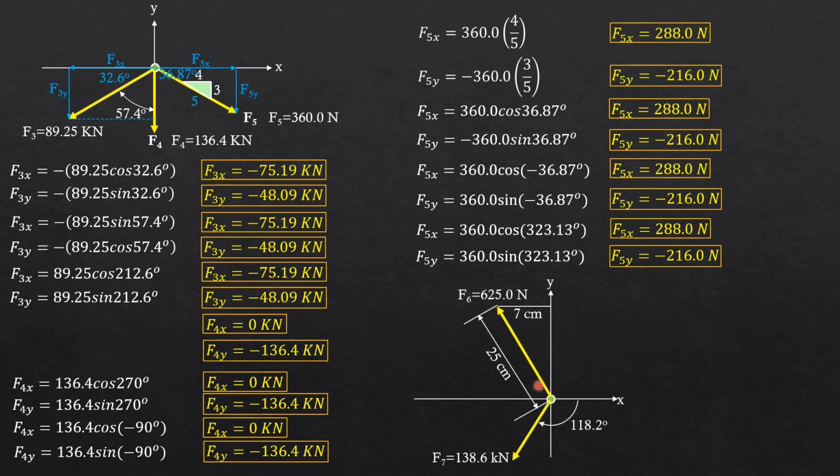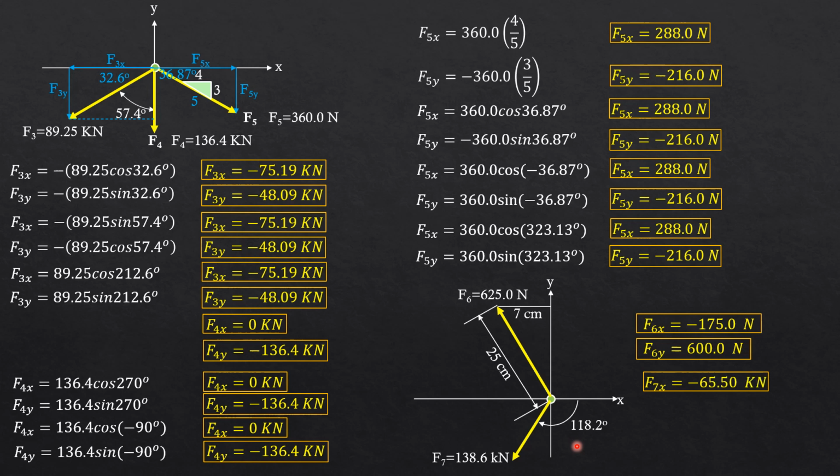So we have this force F6 with magnitude 625 newtons, and these are the informations. And we have F7, 136.6 kilonewtons, and this angle is 118.2. So show that F6x is equal to negative 175.0 newtons. F6y is equal to positive 600.0 newtons.